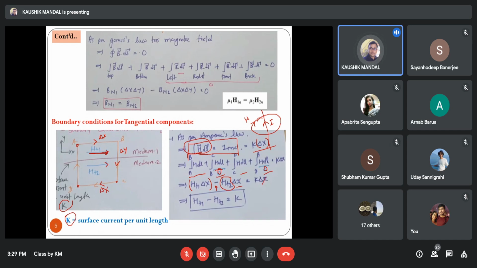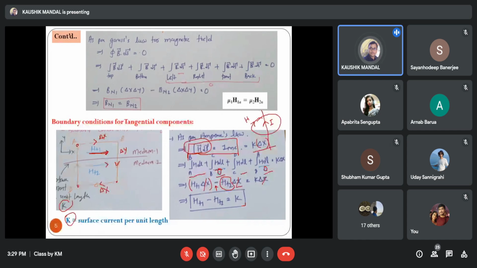From both sides of the equation, del X will cancel out. So finally we got Ht1 minus Ht2 equal to K, where K is the surface current per unit length. That means for the tangential component of the magnetic field intensity, the difference between the two tangential components will be equal to the surface current per unit length.